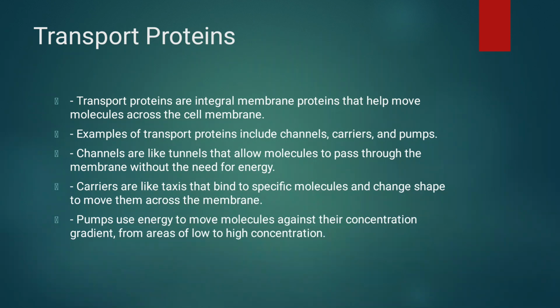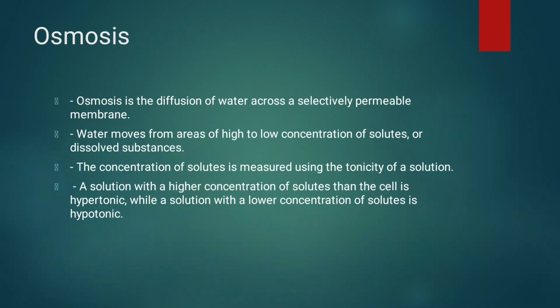Carriers are like taxis which bind with a specific molecule and change shape to move them across the membrane. Pumps will use energy to move molecules against their concentration gradient, from an area of low to high concentration.